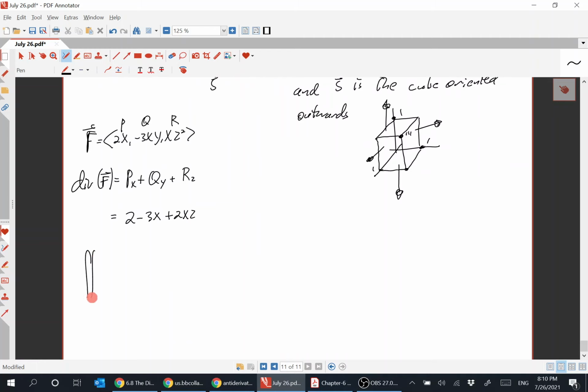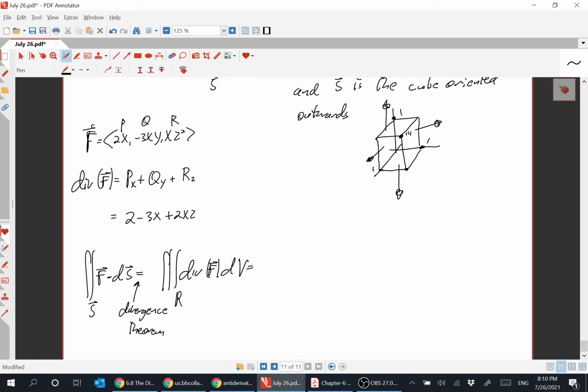Right, so the surface integral of F dot dS is equal to, by the divergence theorem, the triple integral of the divergence of F dV over the inside of the surface.